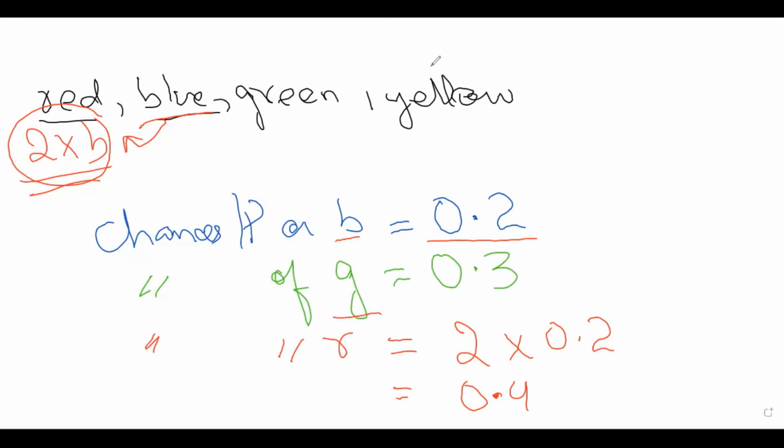The only relation given in the question is between blue and red. And what was the relation? That red is twice of blue. So you have to multiply 2 with 0.2. Okay?